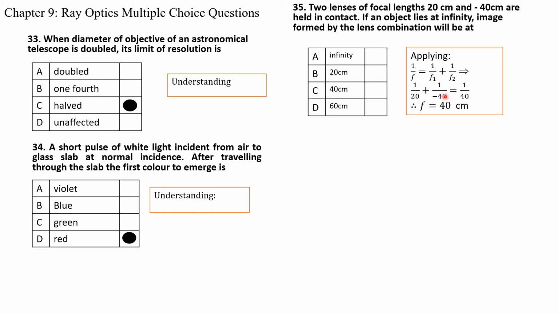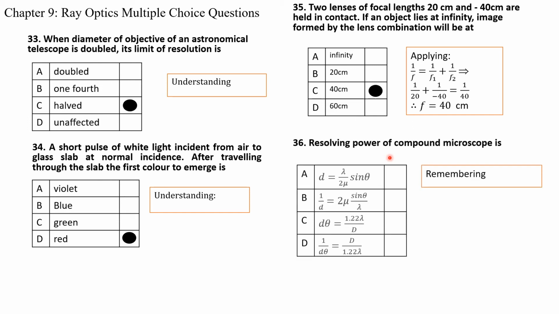Simplifying, taking 40 as the LCM, we get 2 minus 1, and 2 minus 1 is 1 divided by 40. Therefore, inverting, we get F is equal to 40 centimeters. So here option A is infinity, B is 20, option C is 40. We will lock option C.